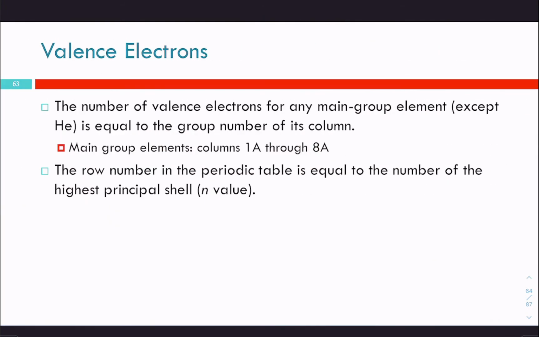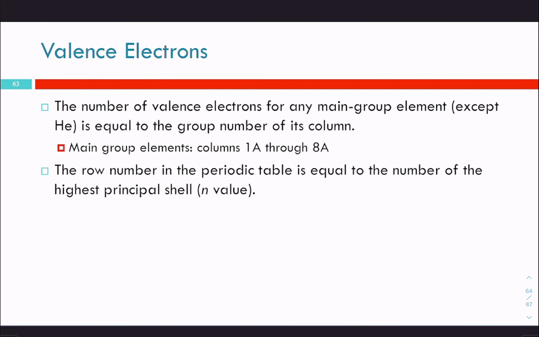So the number of valence electrons for any main group element, that's the s blocks and the p blocks, is equal to the number of its column. So very quickly, if you have a periodic table, even selenium, if we move down, it's under sulfur, in column 6A, has 6 valence electrons.